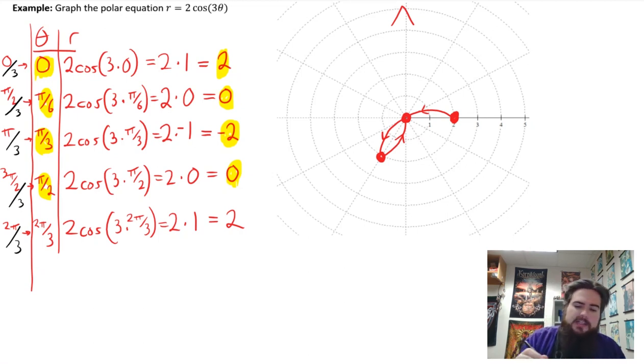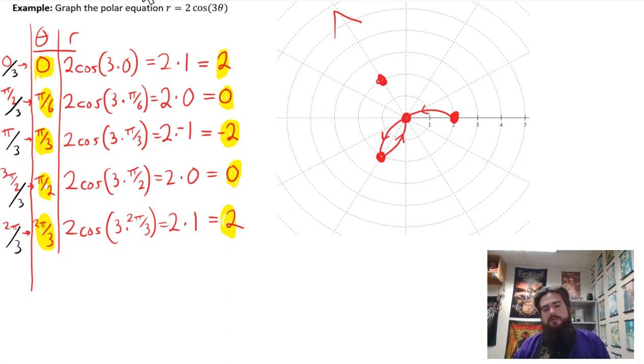And if I go to the next point, which is 2 pi thirds and 2, this means we face towards 2 pi thirds and walk a distance of 2 in that direction, which puts us up here. That seems to flow naturally from my previous point of this curve, so I've curved out and back in towards the pole, and it looks like I'm curving right back out again, back to this point.